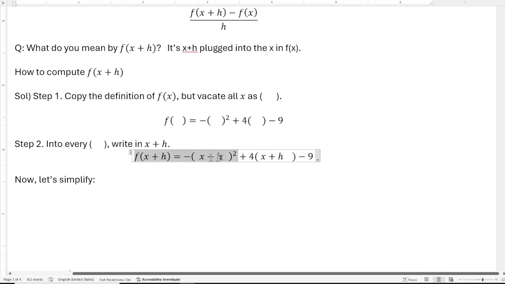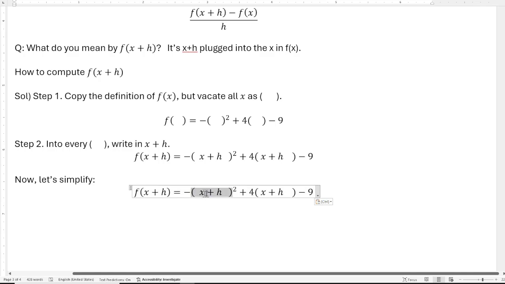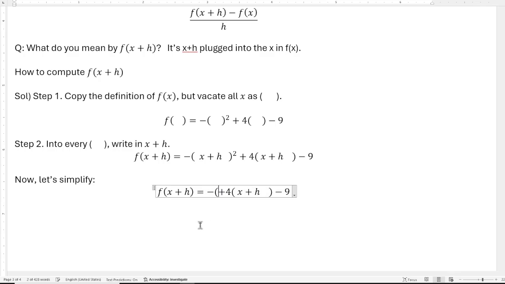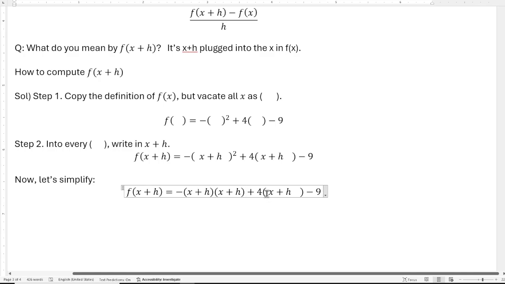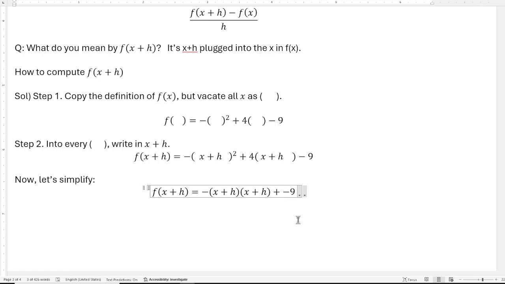Well, what is this thing? Well, negative x plus h squared means it's x plus h times x plus h. And if 4 is multiplied to this, you can distribute the 4 to each one of them, so you get 4x plus 4h.